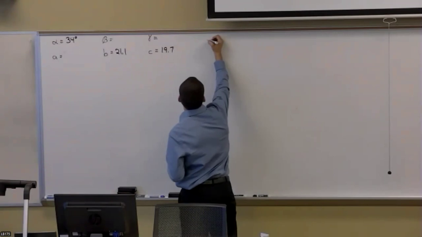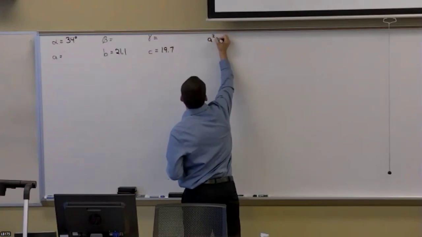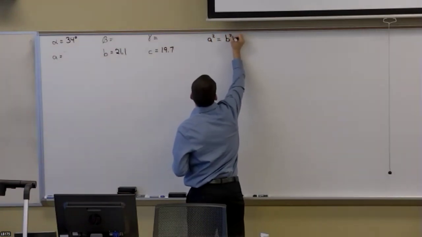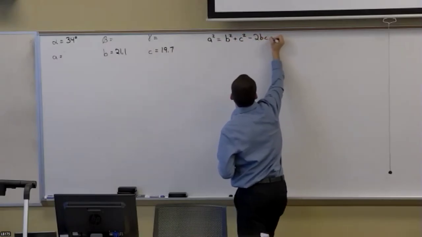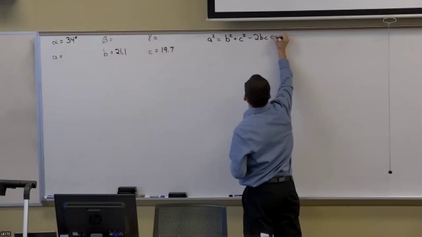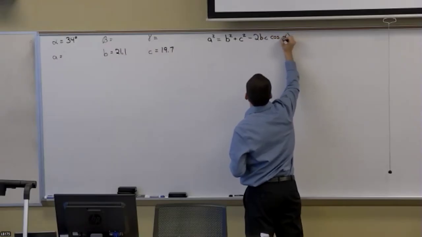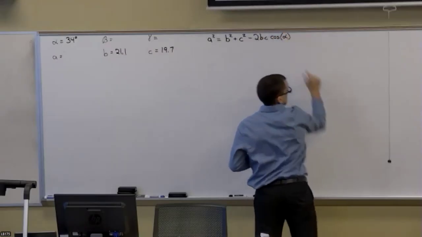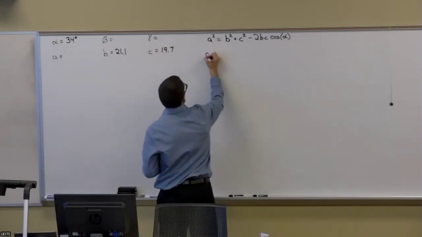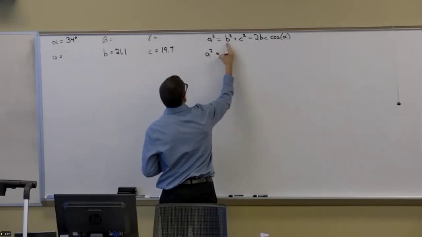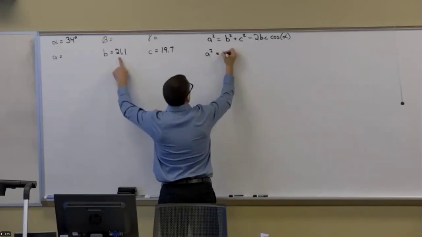That means I'm going to take a squared, set that equal to b squared plus c squared minus 2bc, multiplied times the cosine of alpha. In this case, B, I know is 21.1.